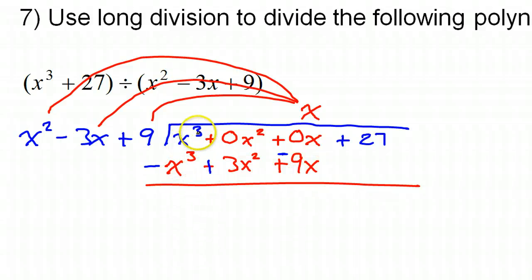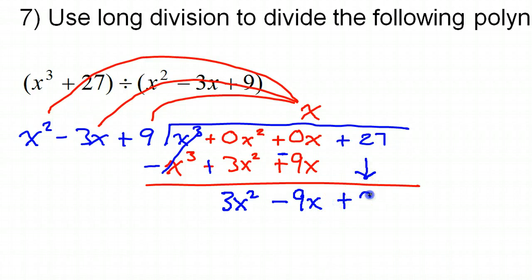So these will cancel each other out, always. But 0x squared plus 3x squared is 3x squared. 0x minus 9x is a negative 9x. And then we'll just bring down our positive 27. So at this point we basically start over again.